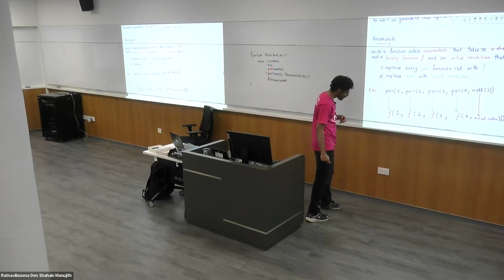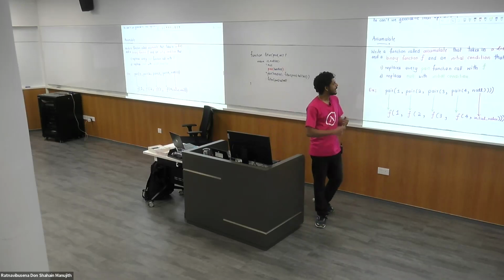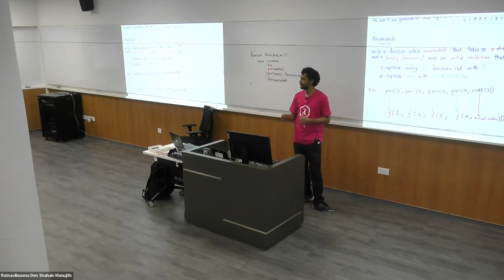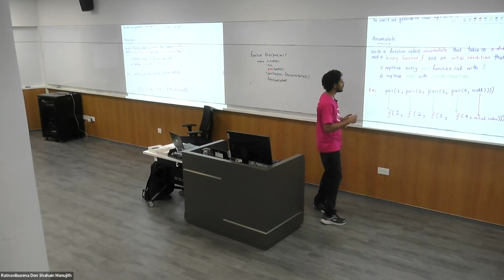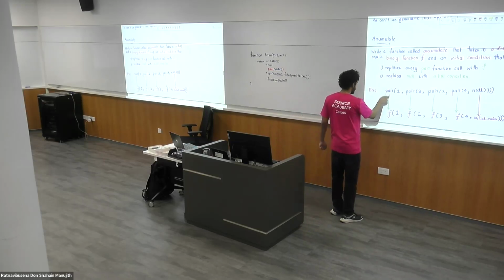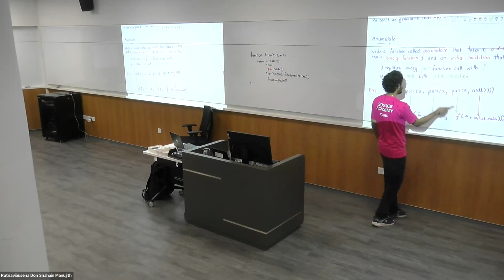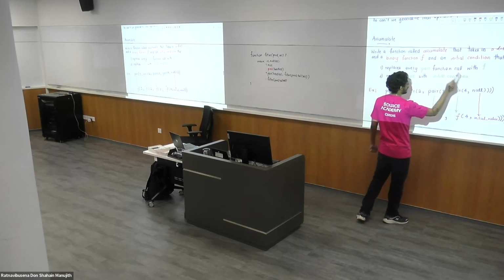We want to write a function, accumulate, that takes a list, a binary function called f, and an initial condition, that, number one, replaces every pair function with f. Number two, replaces null with the initial condition. So we want to replace every single pair call with f, and null with the initial condition.